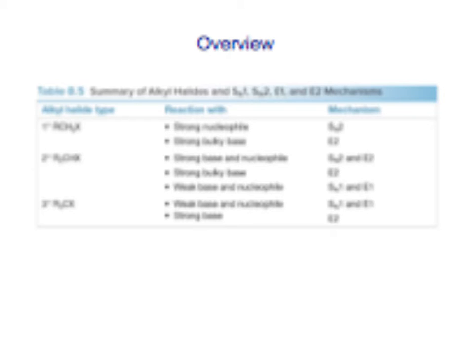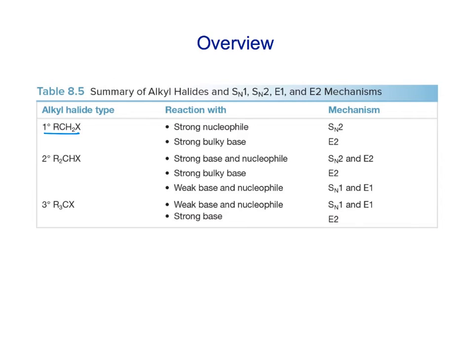Let's overview how we will make decisions of what mechanism will be the likely one. The first thing we'll do is look at the alkyl halide. So primary, secondary, tertiary. For primary alkyl halides, we know that the mechanism has to be either SN2 or E2, right? Neither SN1 or E1 can take place for a primary alkyl halide because the carbocation would be too unstable.